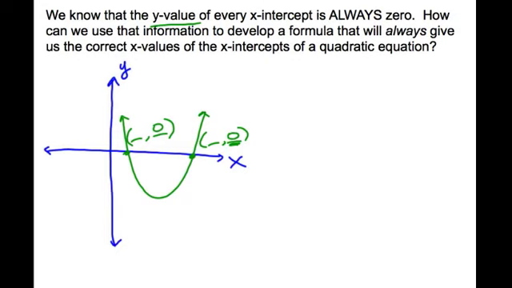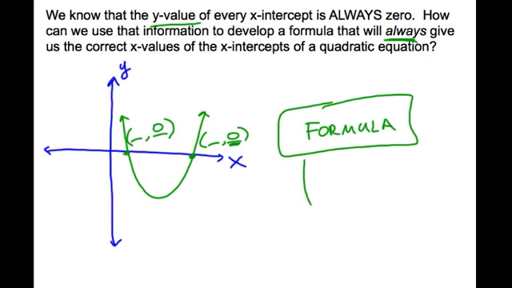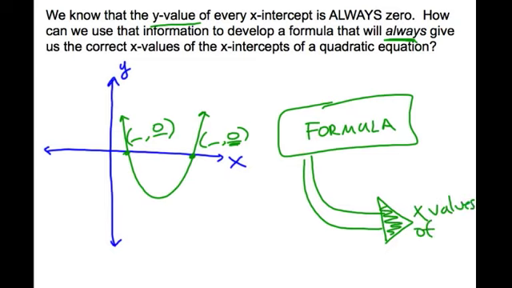So the question is, how can we use that information to develop a formula that will always give us, and so this formula right here produces the x values of the x-intercepts.